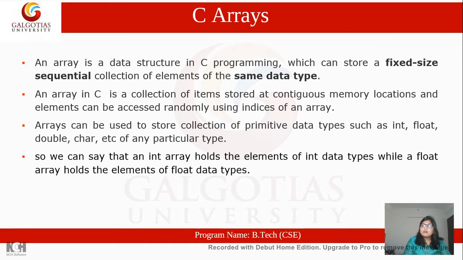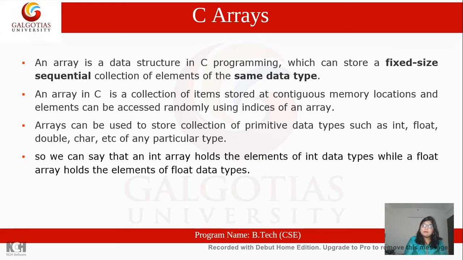Now we understood what array means, what are the basic properties associated with array, and what are different primitive data types which can be put into the array. That means what could be the elements of array.